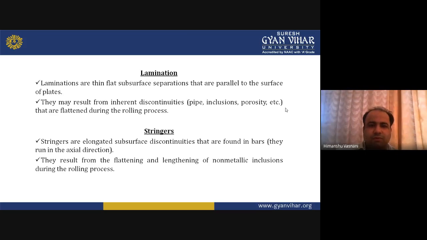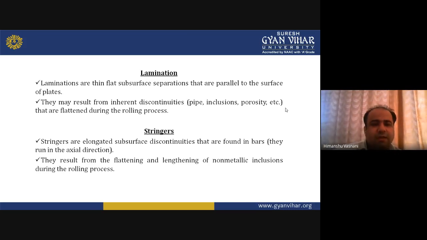You will see a kind of separation on the surface, and you will say that some kind of layer is coming out. That is the lamination defect, a process discontinuity.